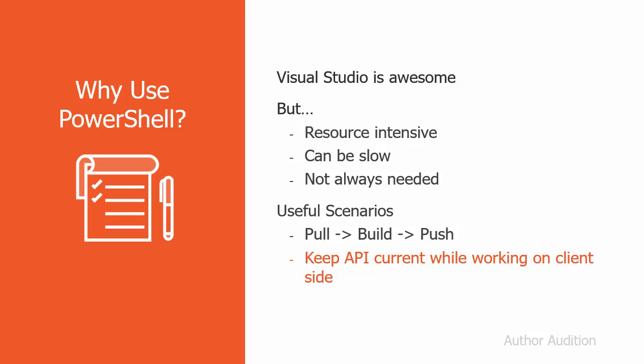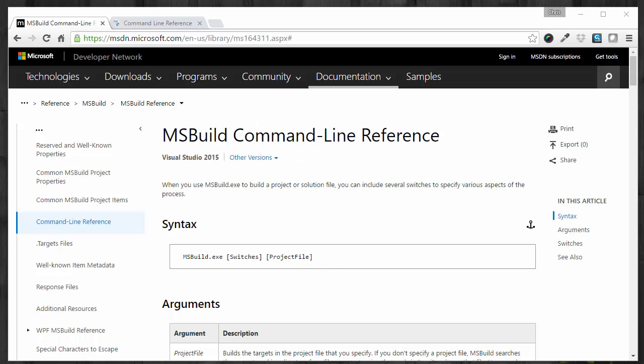But another member of my team is working on the API, and there's a web API project in the solution, and that obviously does have server-side code. So I need to be pulling in his changes and doing builds on my local machine to keep my API up to date, but I don't want to have to keep on opening Visual Studio in order to do that. I'd rather just do my build from PowerShell and continue working on the client-side code.